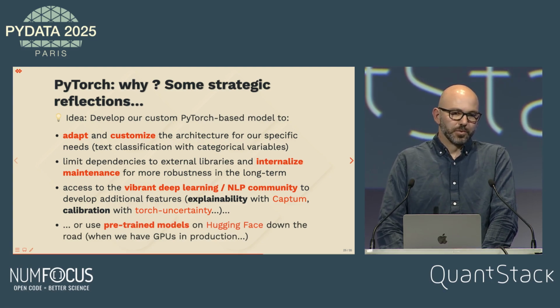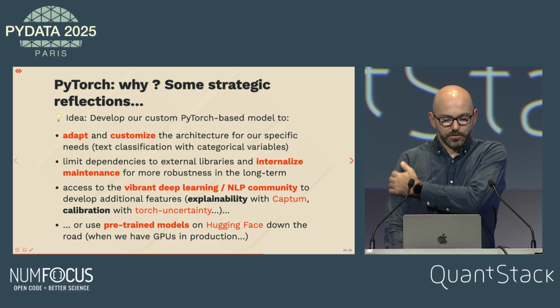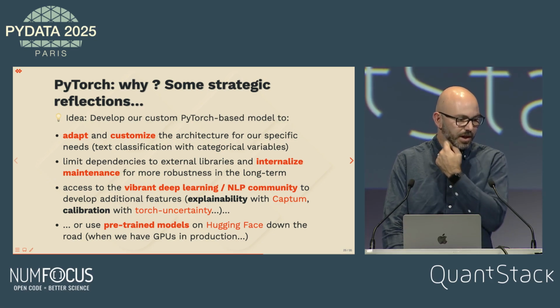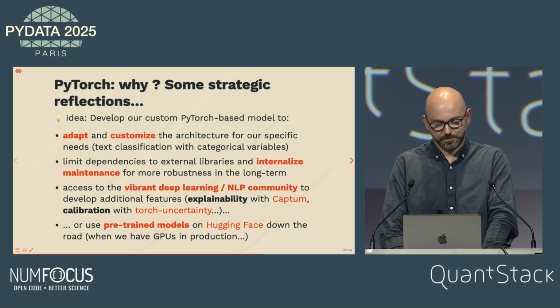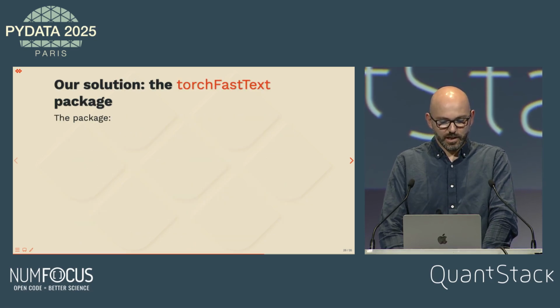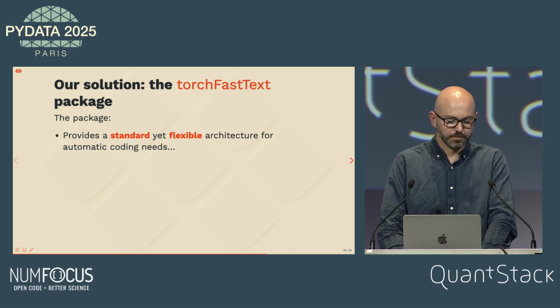In the future, we also hope to use maybe pre-trained models from Hugging Face, but that's when we will have GPUs in production, not today. The package provides a standard and flexible architecture for all coding needs, and it's adapted to us in particular.